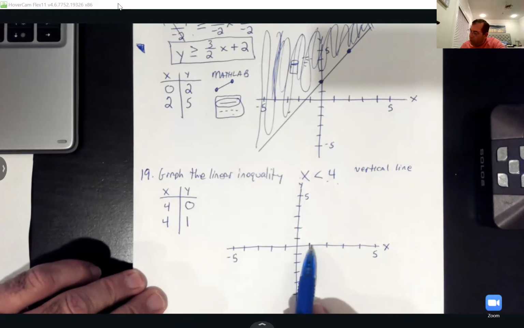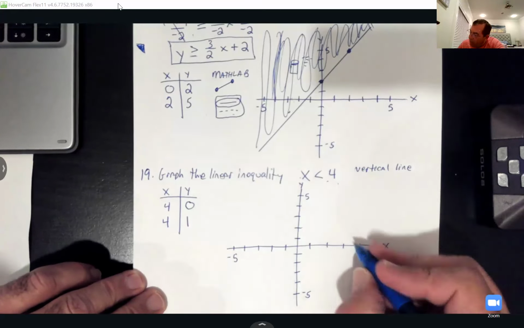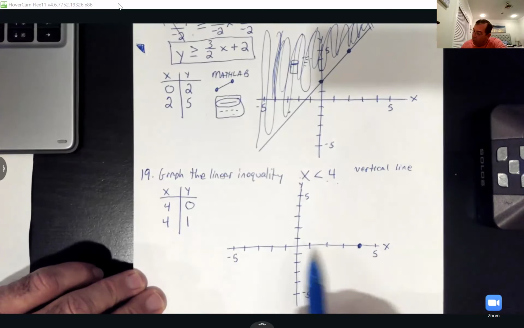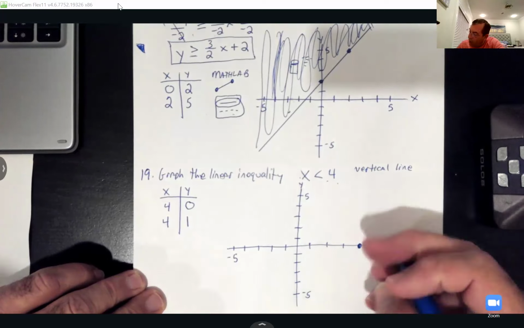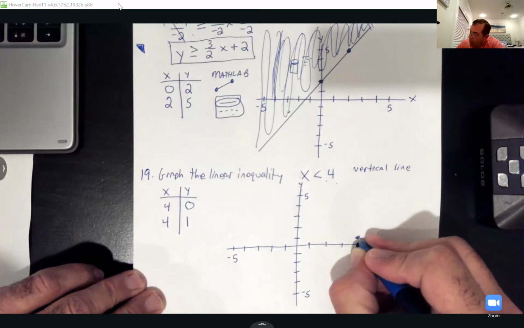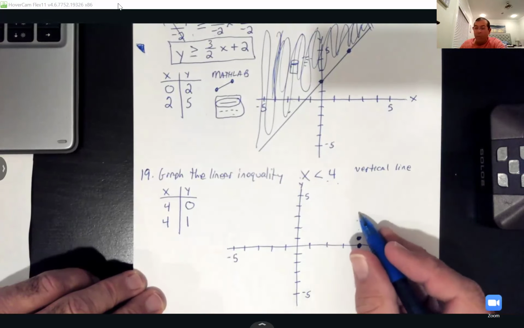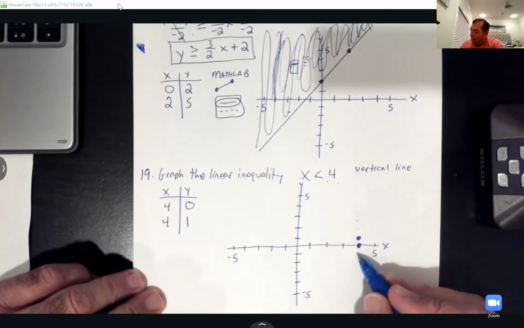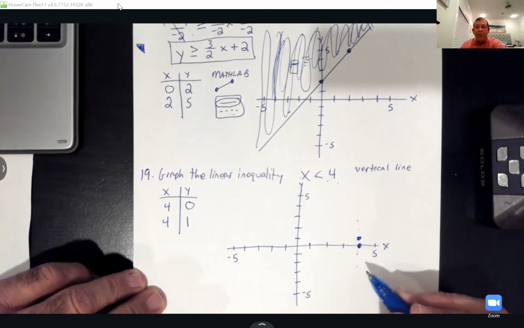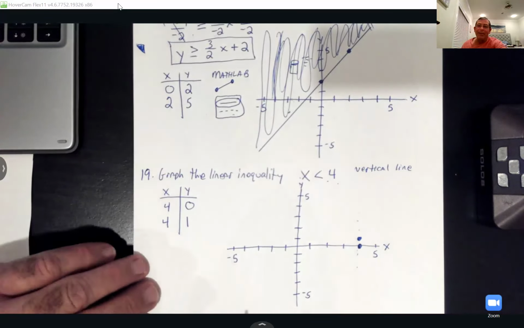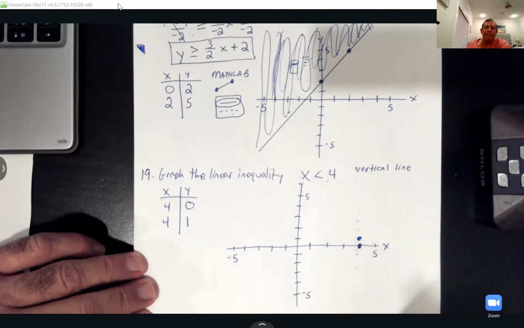So 4, 0, 1, 2, 3, 4. There's my 4, 0. 4, 1, 1, 2, 3, 4, up 1. But y'all could have used 4, 2, 4, 3, 4, 4. You could have did 4, -1, 4, -2. It don't matter. What matters is that it's at the 4.